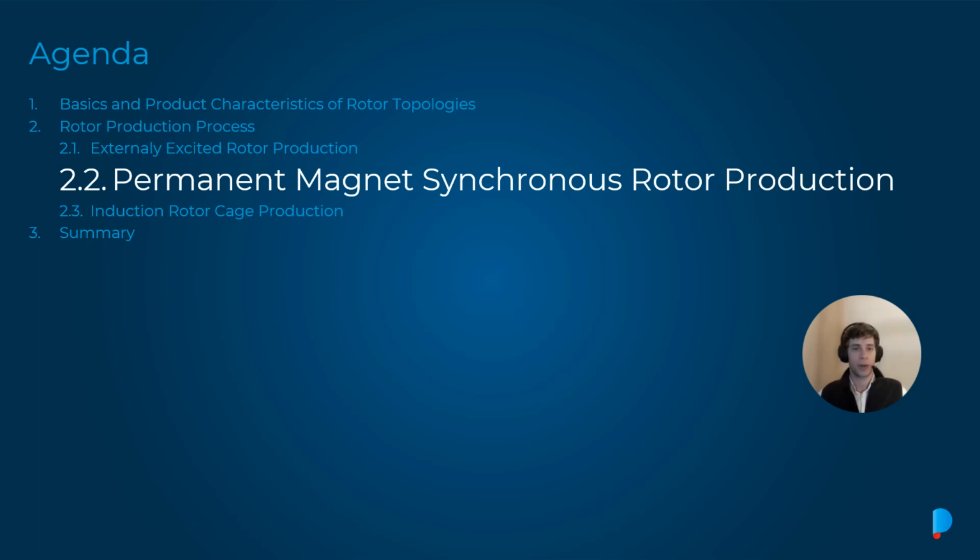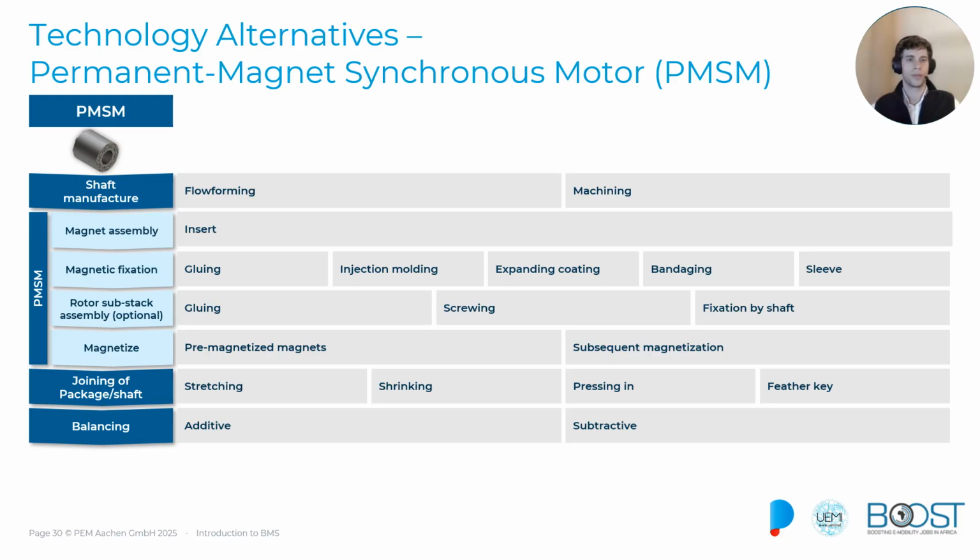So that we capture all individual process steps for the externally excited rotor production and move on to the permanent magnet synchronous rotor production. In the production process of the rotor for the permanent magnet synchronous motor, we focus on the process steps that ensure the magnetic fixation.